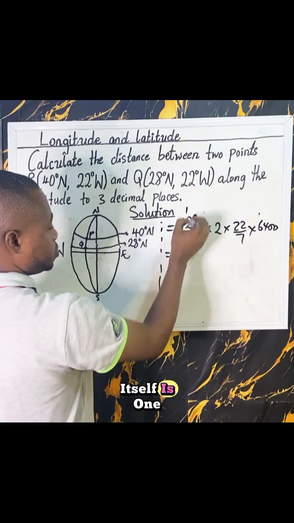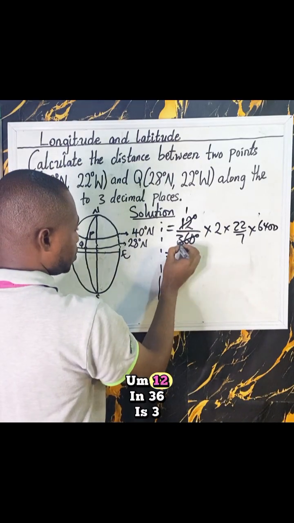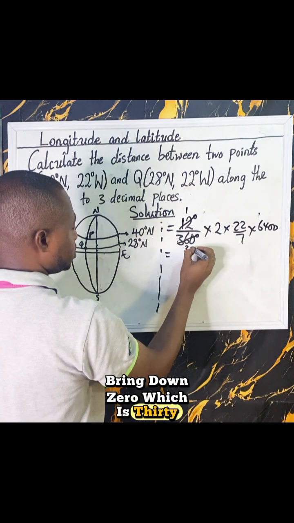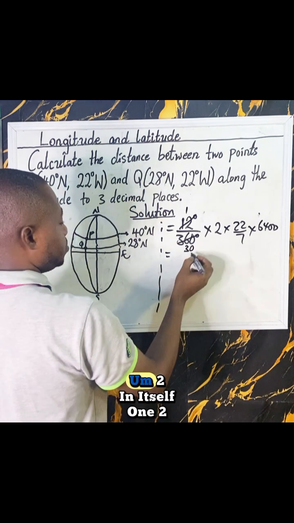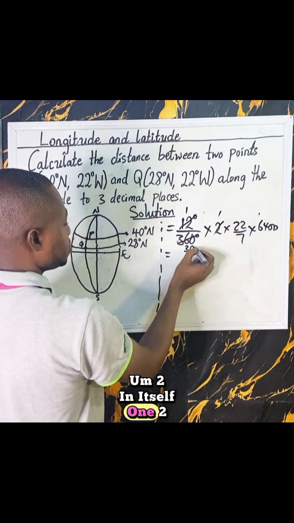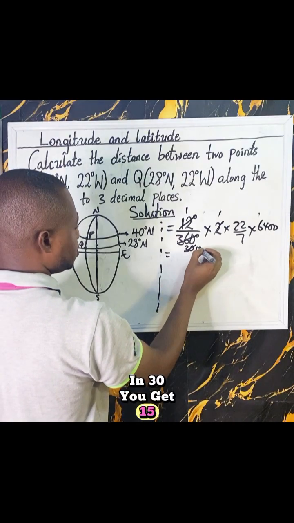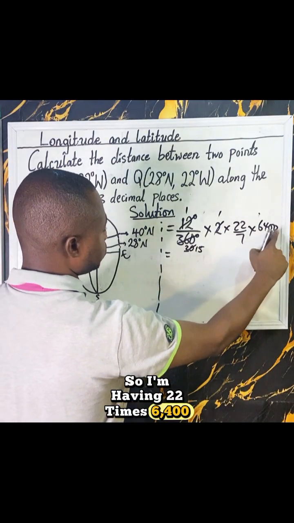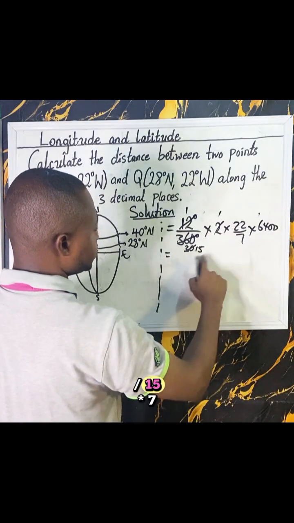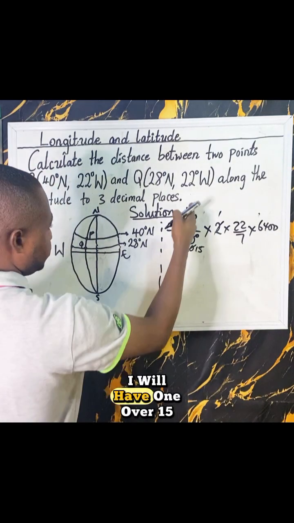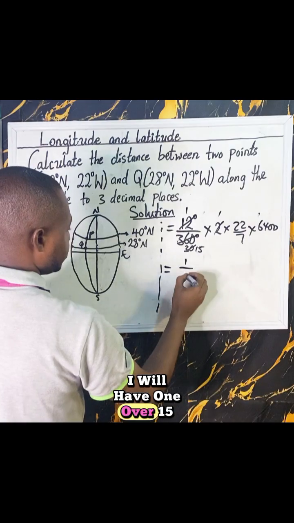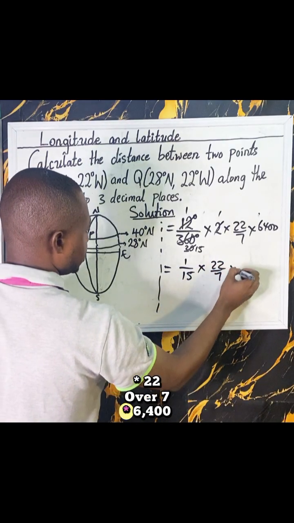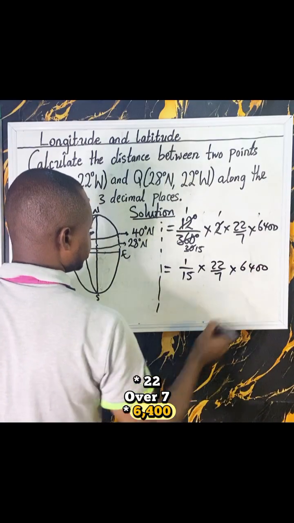We proceed. 12 in itself is 1. 12 in 36 is 3. Bring down 0, which is 30. 2 in itself, 1. 2 in 30, you get 15. So I'm having 22 times 6,400 divided by 15 times 7. I will have 1 over 15 times 22 over 7 times 6,400.